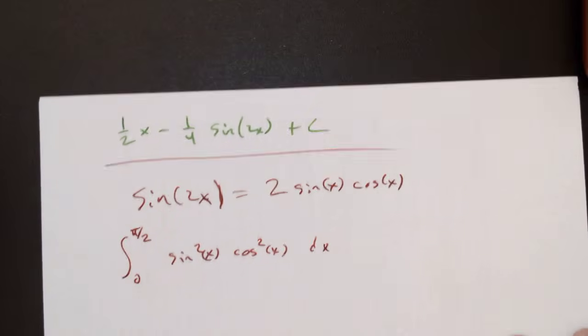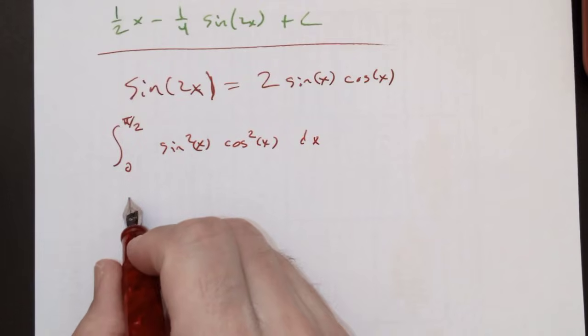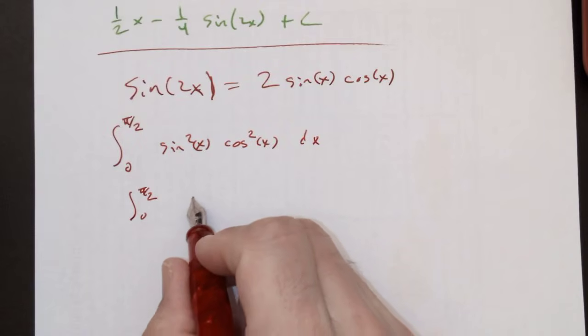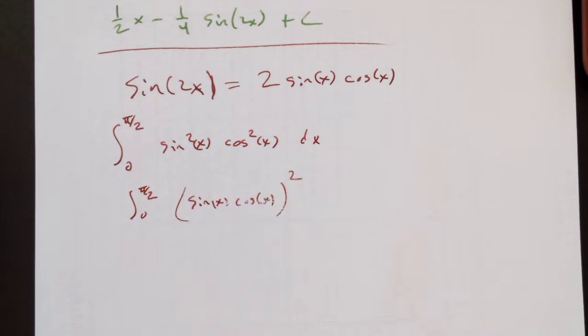An example. There's no odd powers. This is going to suck. No, we can fix this. I'm going to take this and write it as sine x cosine x squared.